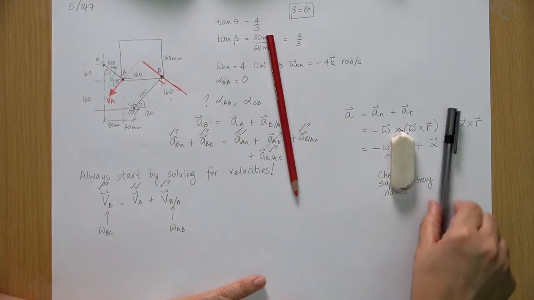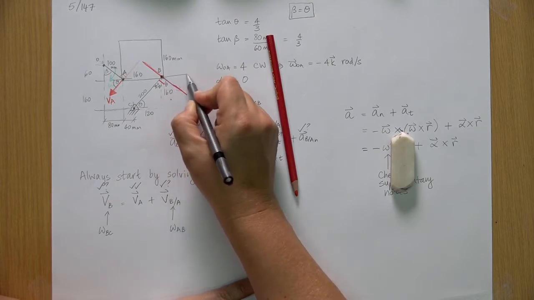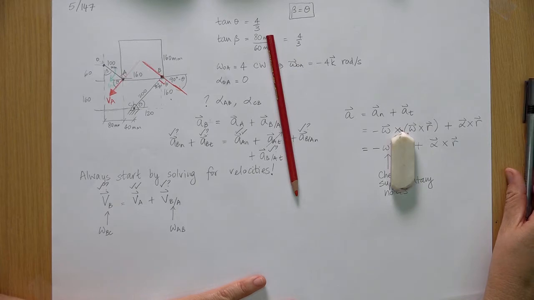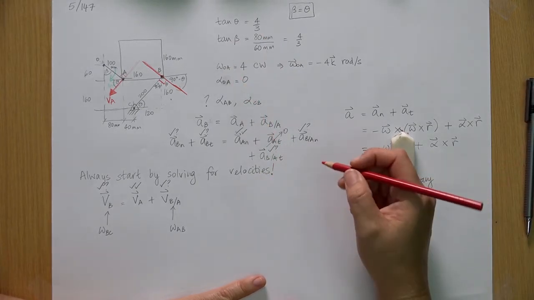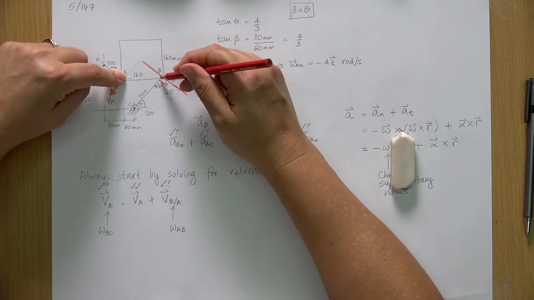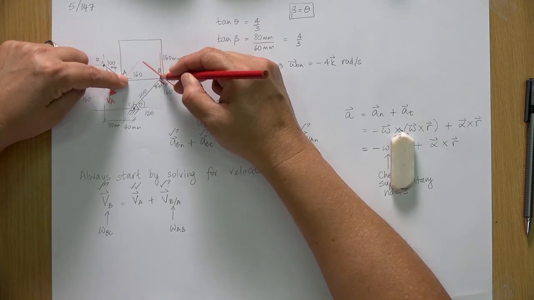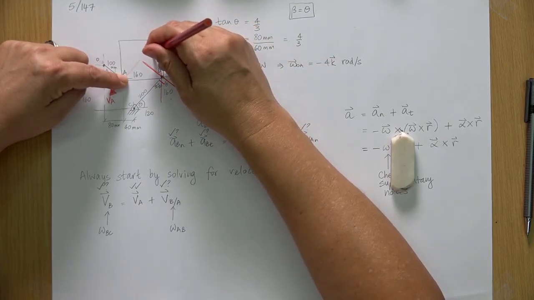This is the direction of VB. This angle is theta. This is 90 minus theta. This angle is theta, so this angle here is 90 minus theta. V of B relative to A, we pretend point A is fixed. Relative to this pretend fixed point A, B must be moving vertically.